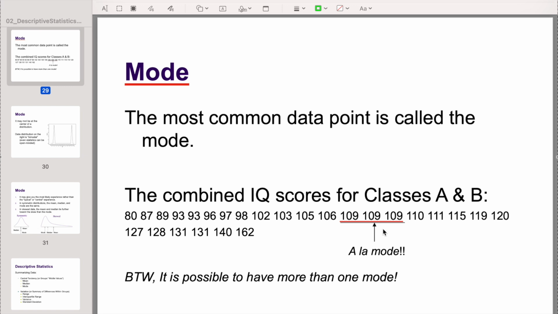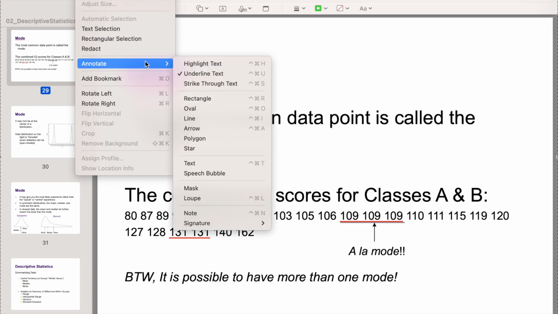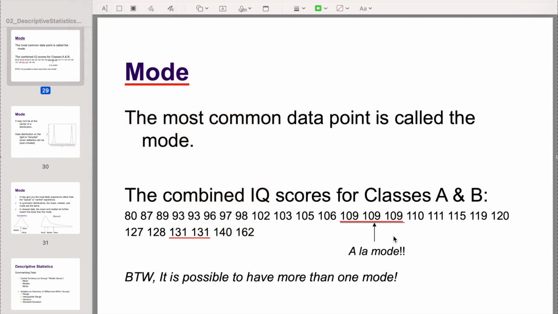There are some numbers that happen 1 time or maybe 2 times, but 3 times this is the only one. So the mode would be the most frequently occurring number. In this case, the mode here is 109.